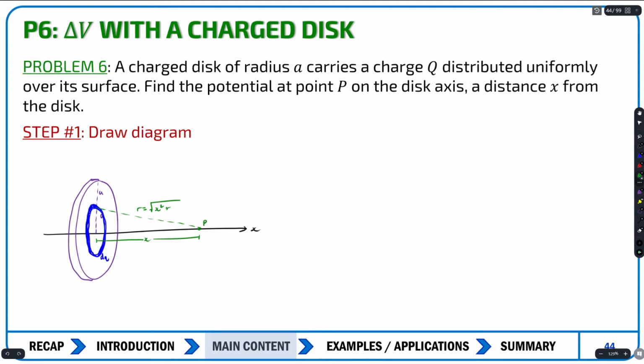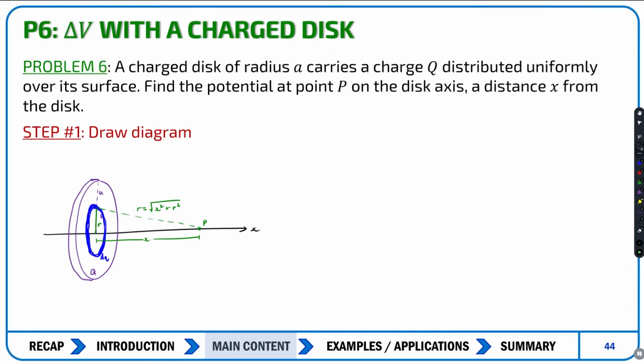The radius here will be different because it's no longer a ring, it's a solid disk. So we have plus r squared, where r is going to be how far up that dq is. There is a total charge of q, so I'm going to write that down first.